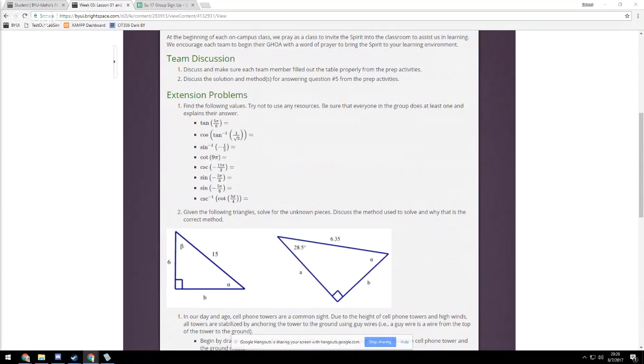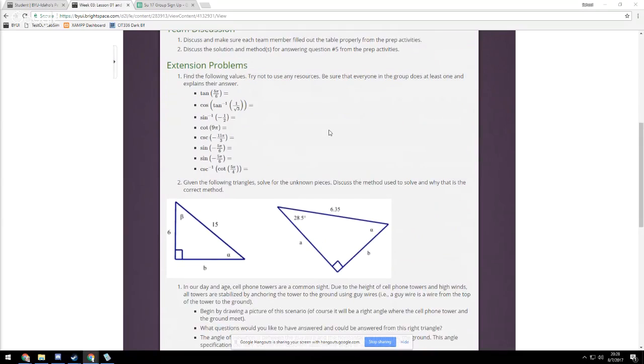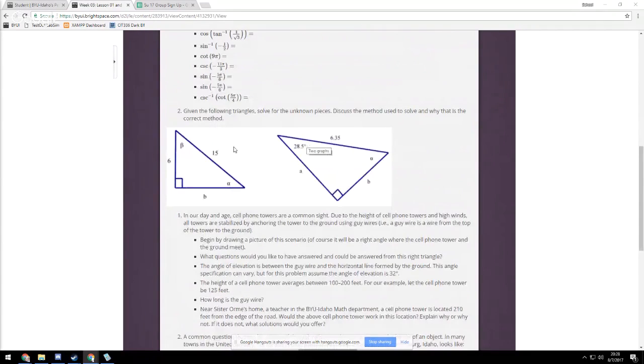And so since I'm looking for the cosine of that, I know that cosine is square root of 3 over 2. So there's a couple of those. I went ahead and finished going down them. Now, the triangles, I find these fun, and I found your videos very informative in helping to go through all the differences, making sure that you use the 2 pieces given, which is what I did with question 5 on the prep.